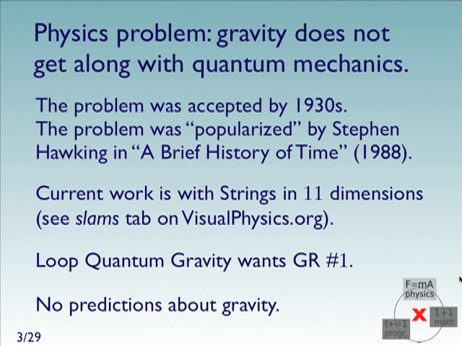Now, current work is going on with strings in 10 or 11 dimensions is now the current way to work. If you go to my website, visualphysics.org, you'll see my slams where I have more against the folks working with strings than almost any other. I think my favorite one is that if your theory is wrong, then it can be made arbitrarily complicated.